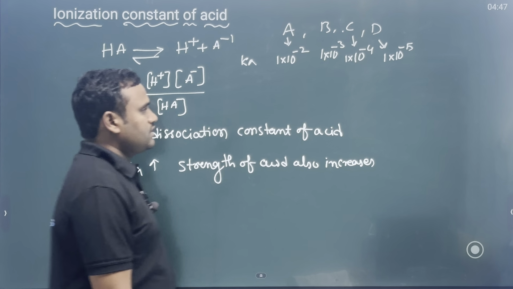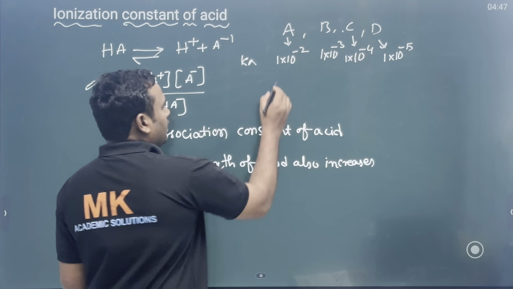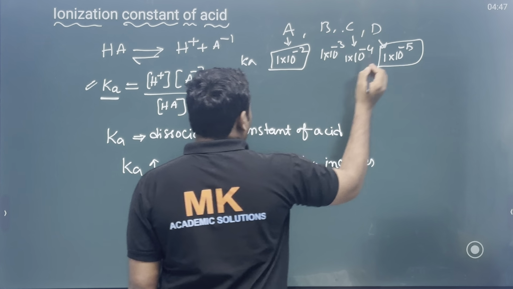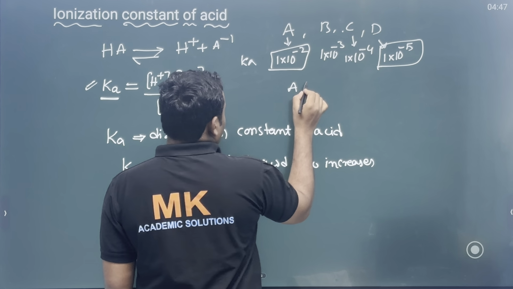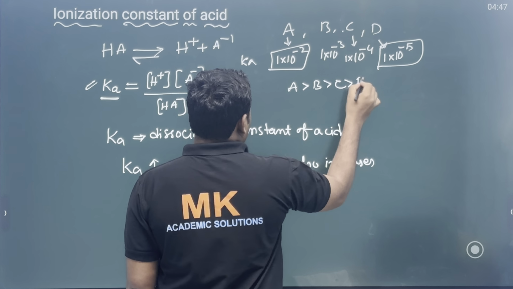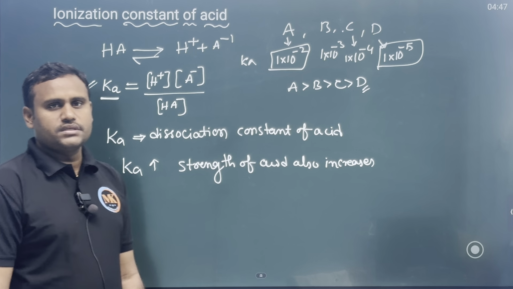Now whichever has a more Ka value, that is the strong acid. See here, A has the highest Ka value, D has a very low Ka value. So strength of acid A is greater than B, greater than C, greater than D. Means as Ka increases, strength of acid also increases.